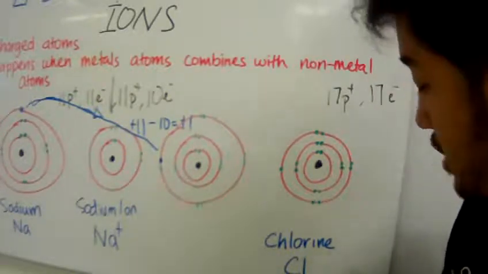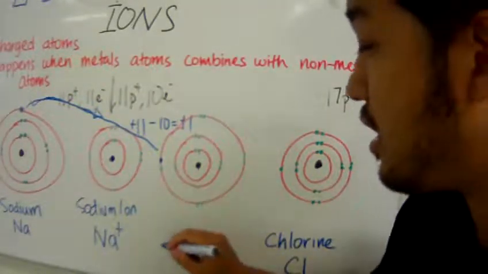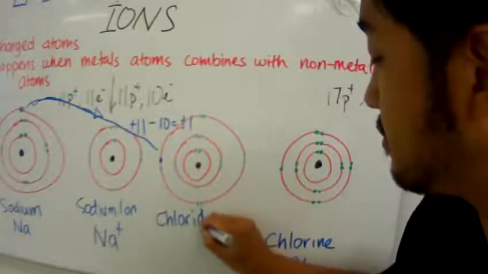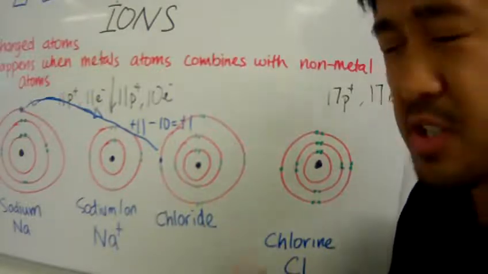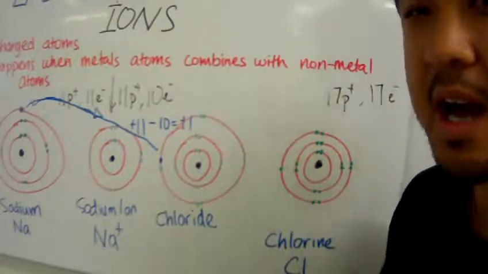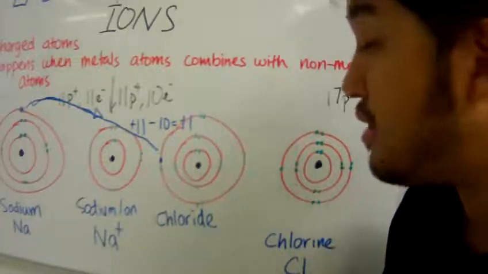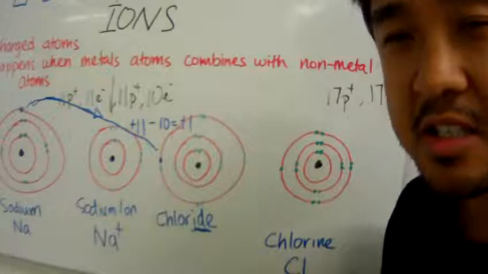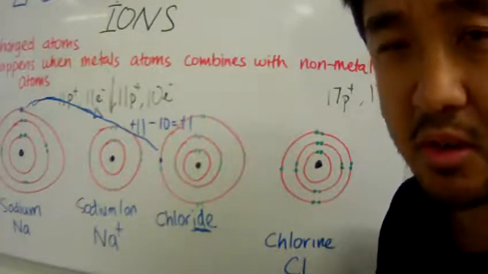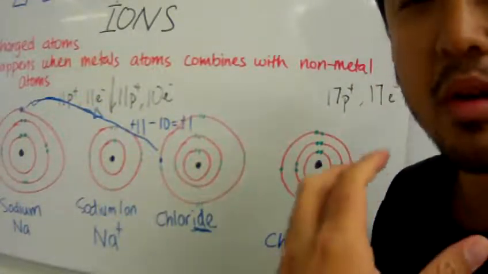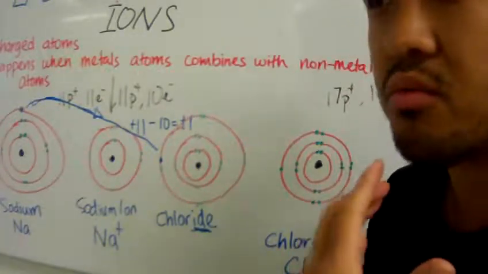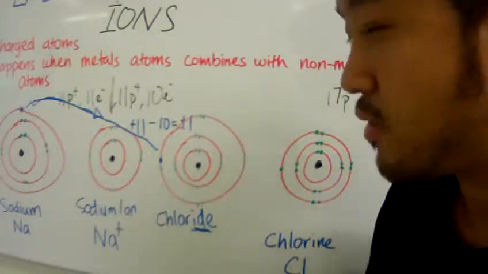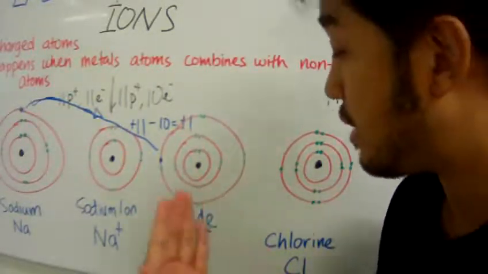And when chlorine forms an ion, it is going to be called a chloride. Okay? Now, some people will say chloride ion, but I believe that the name is redundant. When you use the name ending in "ide," you are immediately telling other chemists or scientists that you're talking about an ion. So there is no point to be redundant.